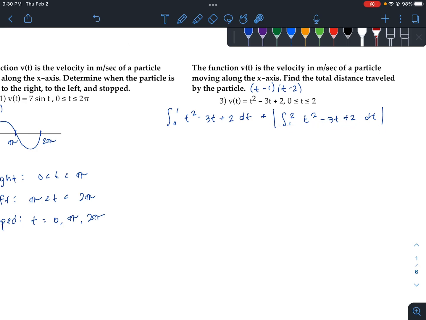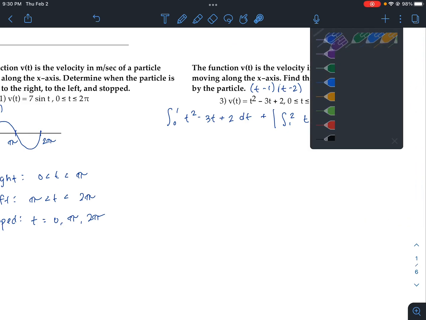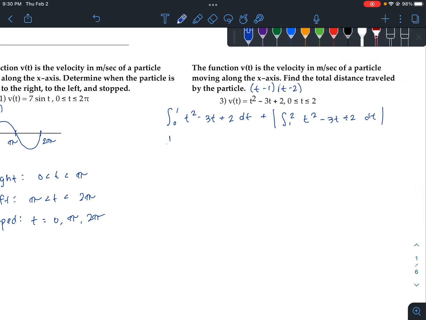Okay, so let's do an antiderivative. So the antiderivative should be 1 over 3 t cubed minus 3 over 2 t squared plus 2t. This is going to be from 0 to 1 plus the absolute value.